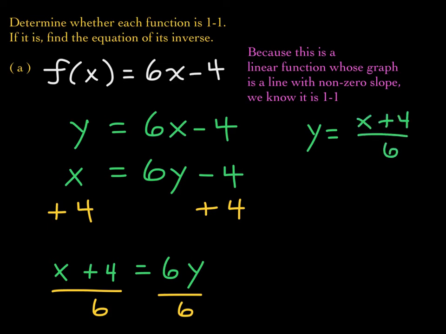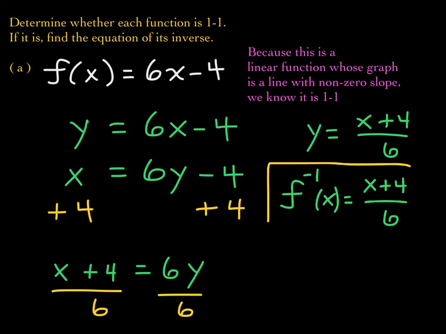The last thing you're going to want to do is replace y with function notation. Now you started with f and you just found its inverse. So let's use this notation. f inverse of x is equal to x plus 4 over 6. This is the inverse function for f, all right?